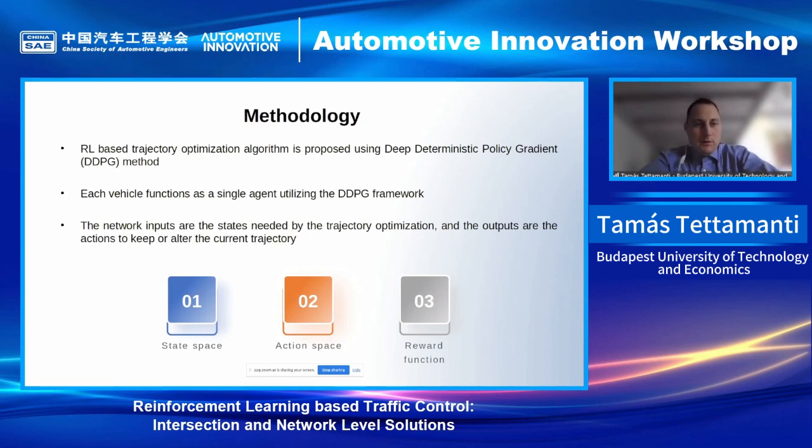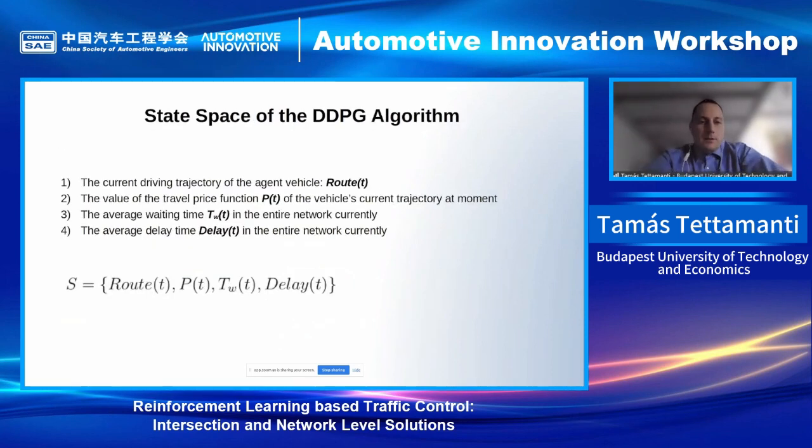In this framework, the vehicles are the agents, and the network inputs are the states needed by the trajectory optimization algorithm, and the outputs are simply the actions decided by the cars whether to keep or alter the current trajectory. So the state space of the DDPG algorithm in more detail is as follows.